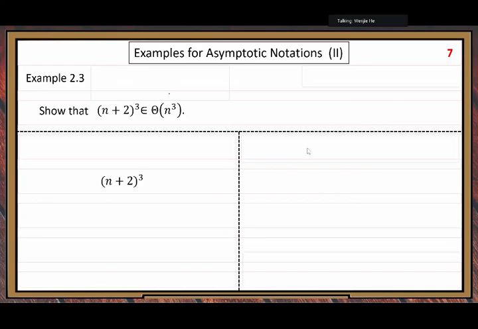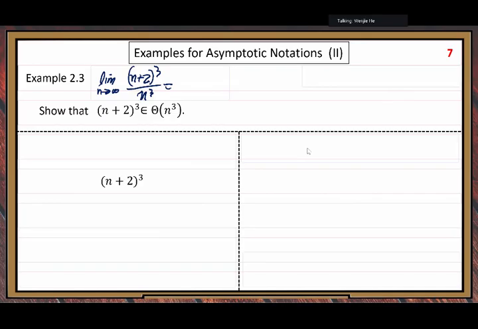But when you calculate the limit here, I want to point out, there is a simple way to calculate the limit. So when you calculate the limit of (n plus 2) cubed over n cubed, do not do polynomial expansion here.